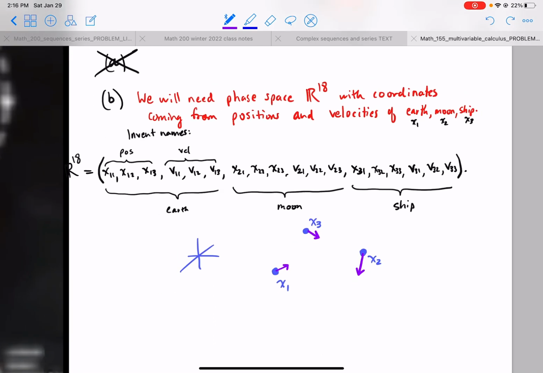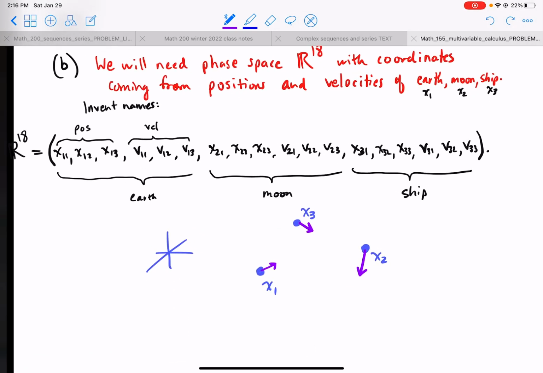This is the simplest, because otherwise you can start simplifying everything. Like you could just put your coordinate system at the Earth and have the Earth be at position 0, 0, 0 always. That removes 3 coordinates, so we could be down to R15. But it starts getting complicated the more things you do like that, like if we move it over there versus here.